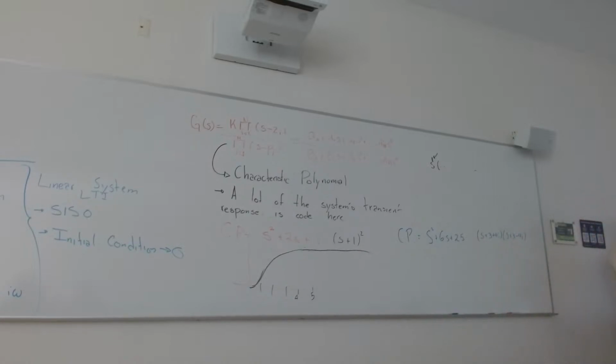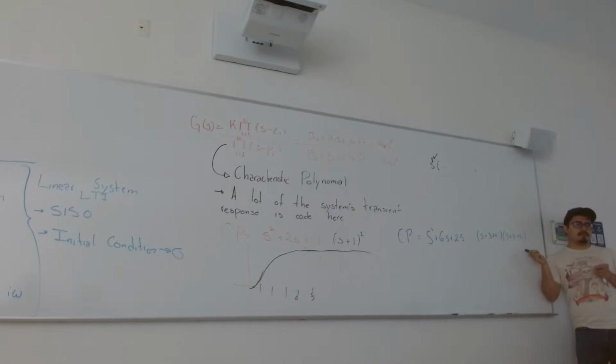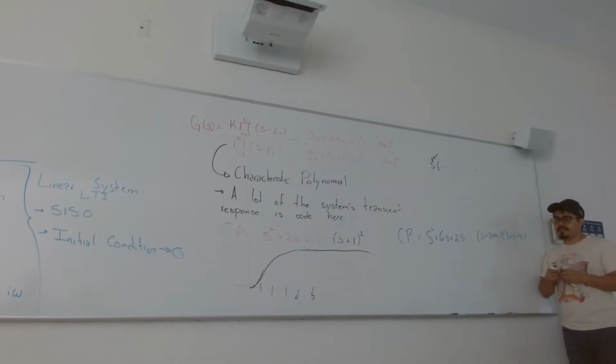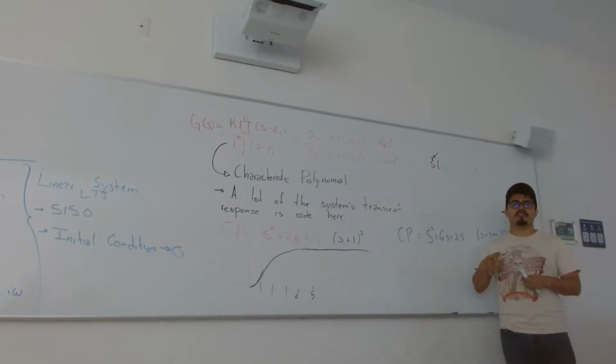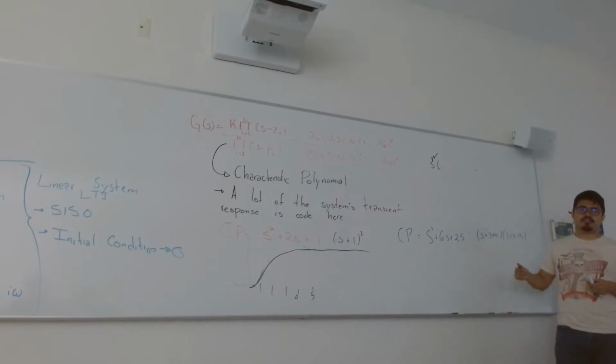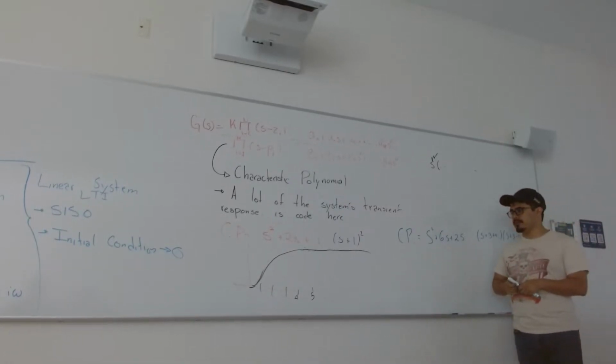Okay? So what am I going to see? What kind of shape, what kind of system is this? Overdamped? Underdamped, sorry. Remember, damping means getting rid of the oscillation. So if there are still oscillations, I am underdamped. Okay?